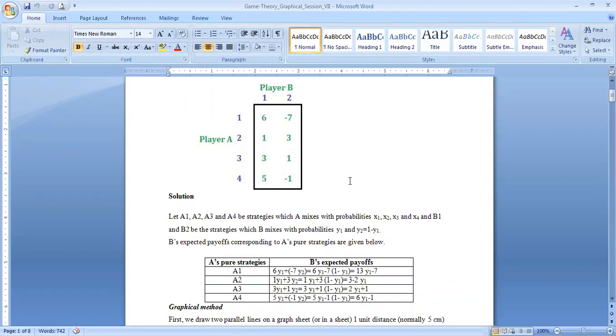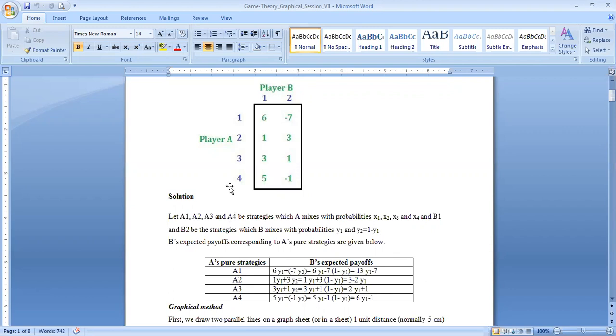The solution starts with the expected gain or payoff or loss to player B, the player who has only 2 strategies, when the player A plays a pure strategy. So that table is to be prepared.